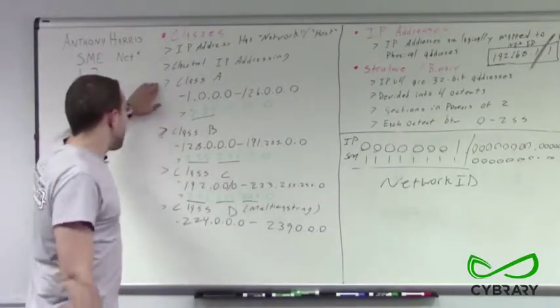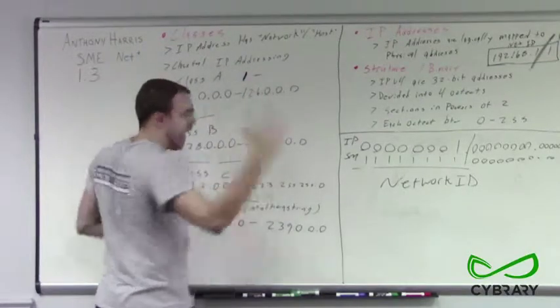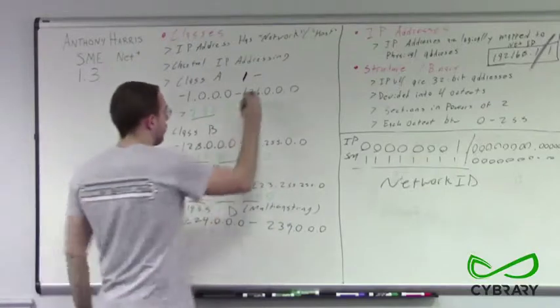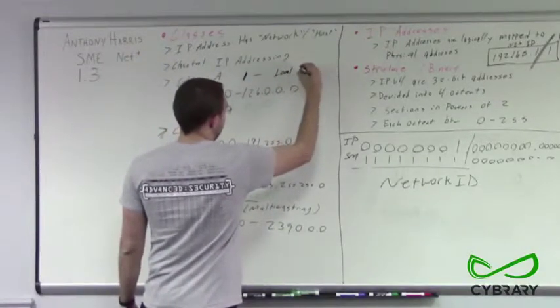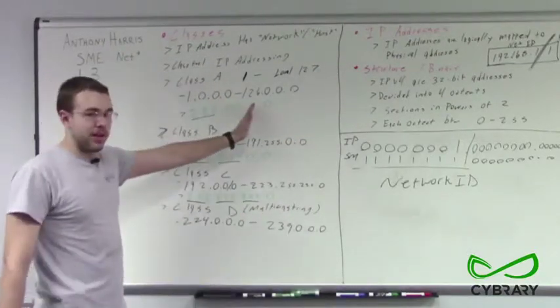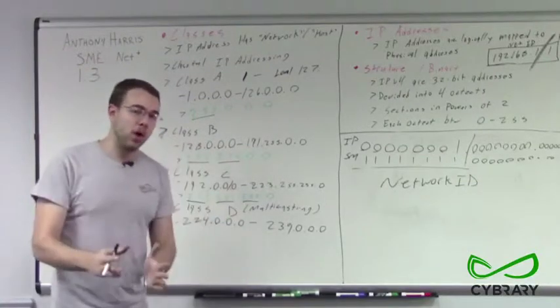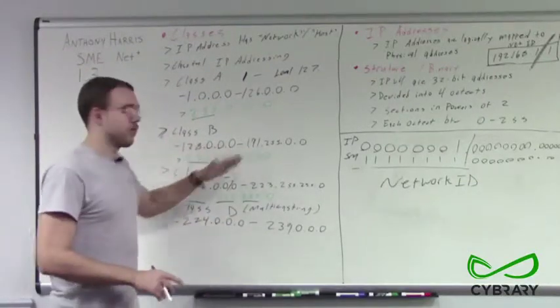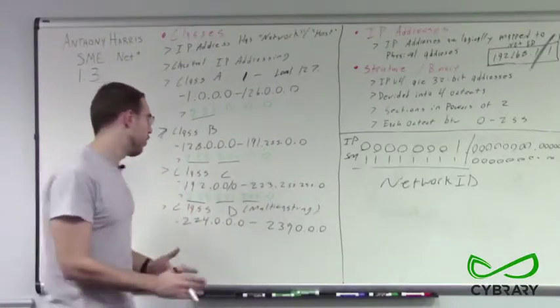So Class A is 1, and then the one afterwards, it ends with localhost. So the one after is localhost, which is the 127. So Class A is 1 through 126. Class B is our IP address after localhost, 128, through 191, right before our standard router that we buy from the store.